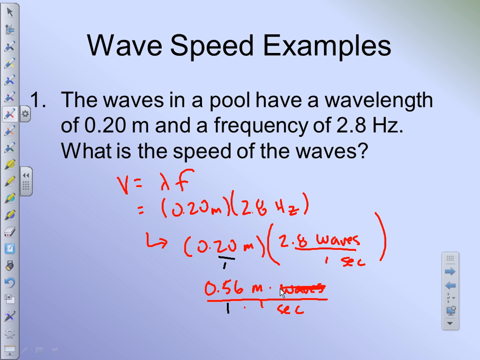It's just sort of a counting thing, so it's not actually a real unit. So we can just disregard that. And then we end up with 0.56, but the only units that are left now are what? Meters over seconds, which is what we want because we're trying to calculate speed. All right, so there's that.